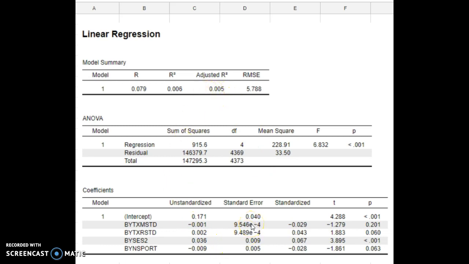Oh, one last thing, the regression line, just like we looked at earlier with a single regression, we would take this would be our intercept, and then we would take this number as kind of like the slope times their value on this, then this number times the student's value on this number, and so on.